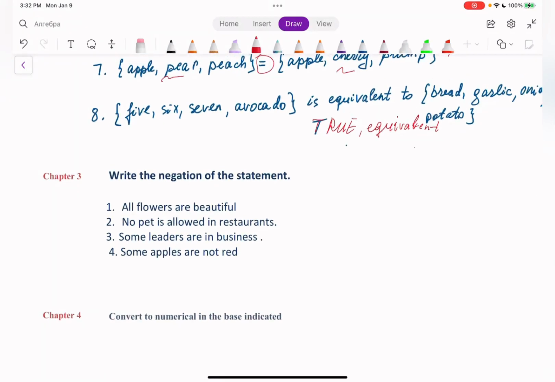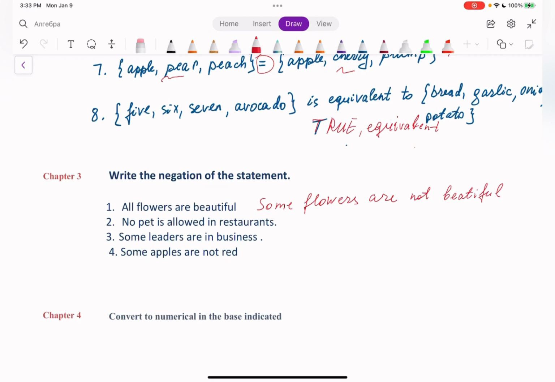Negation: instead of putting no flowers are beautiful, I'm putting as a negation only some flowers are not, let me rewrite it. Some flowers are not beautiful. Okay.